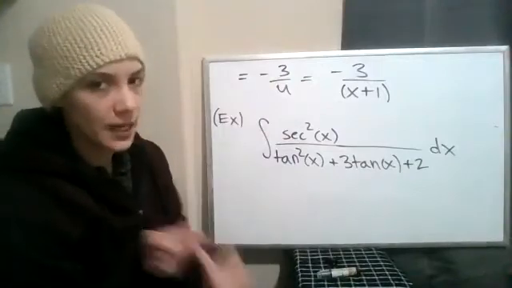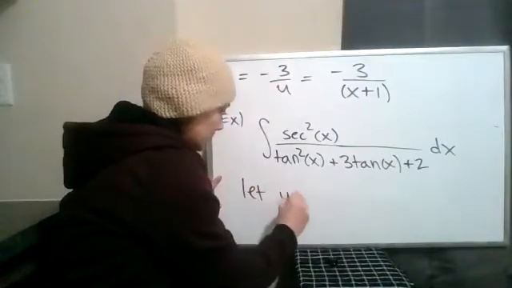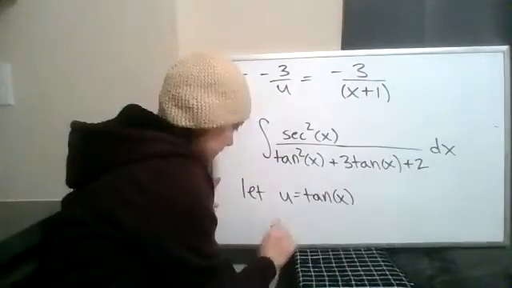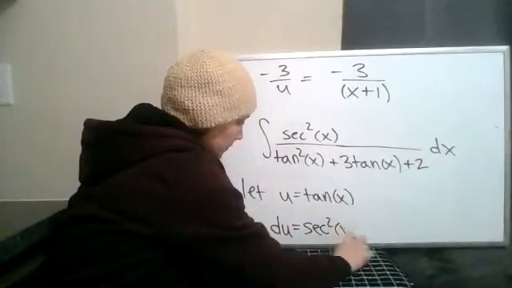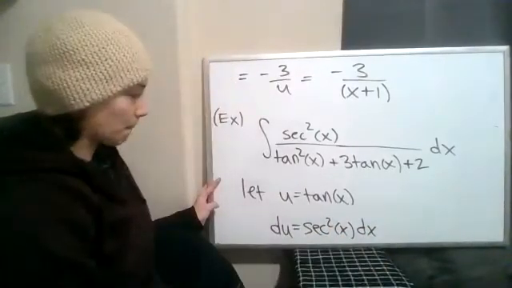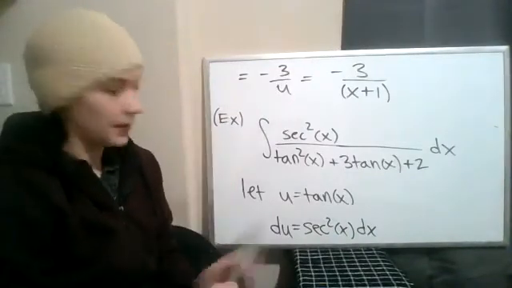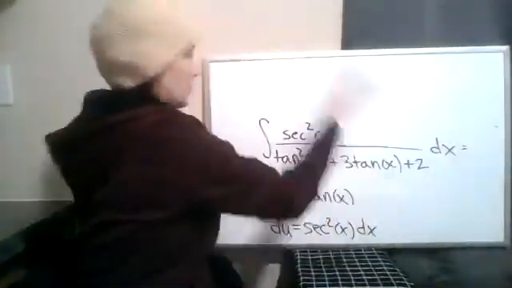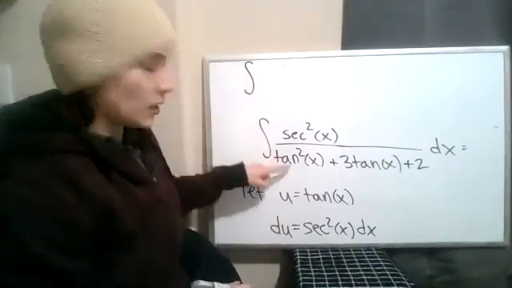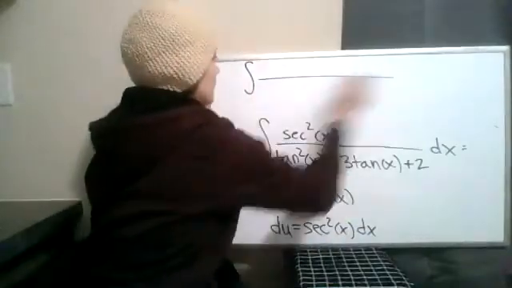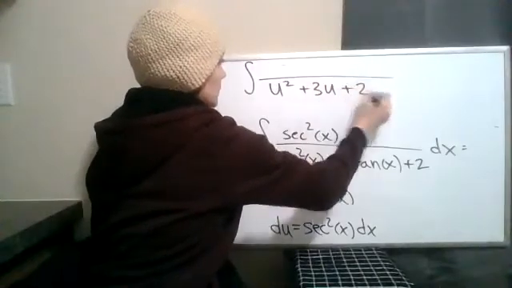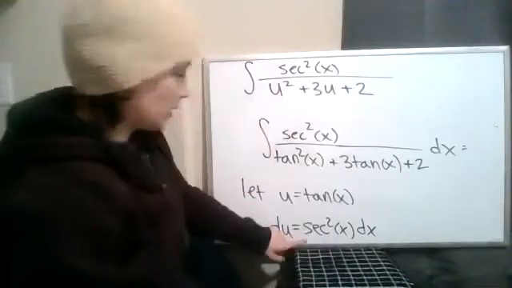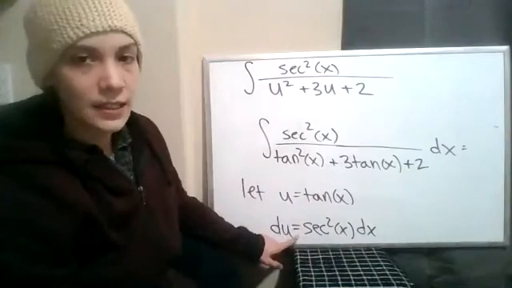So we're going to let u equal tangent of x, and then du will equal secant squared of x dx. The problem is going to be the integral of u squared plus 3u plus 2 in the denominator, and then the secant squared of x sits there, and we're going to put dx is du over secant squared of x.